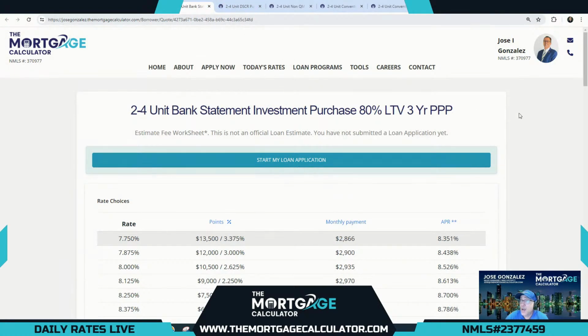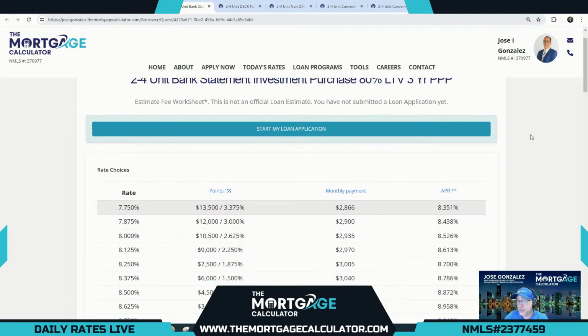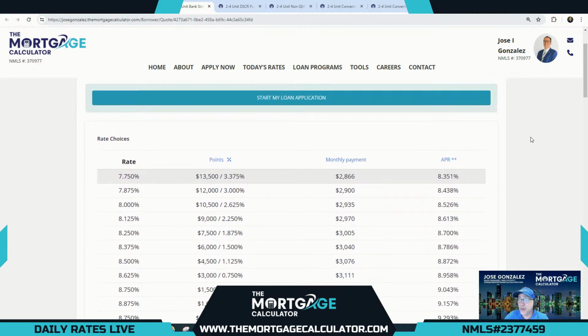So now our investment, I'm mixing it around a little bit here. So now I'm here. This is for a bank statement investment purchase for a 4-unit property. This is using 12 months business bank statements. Could be 12 months personal bank statements as well. Same rate. So here we are looking at, we had a mix up in our rates.